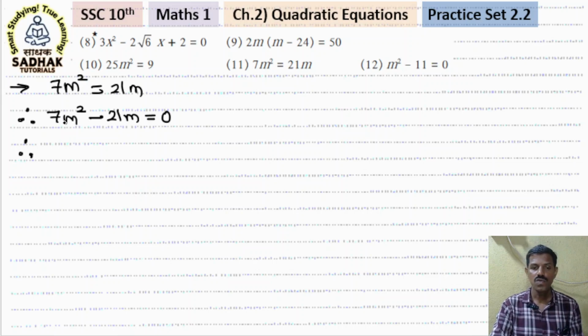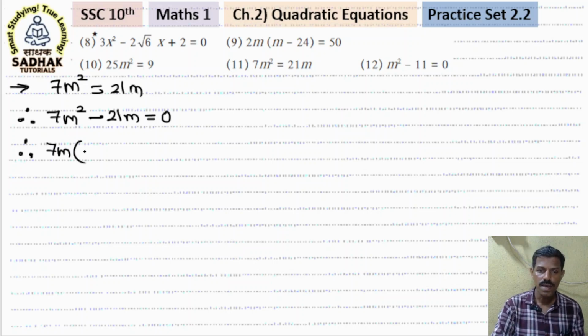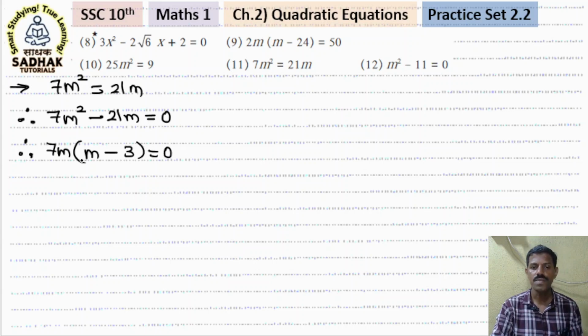right? So in both these terms there is something common which we can take outside. So 7m, let me take outside. So in the first term m will remain inside and this will be 3. Do you agree with this? Okay.